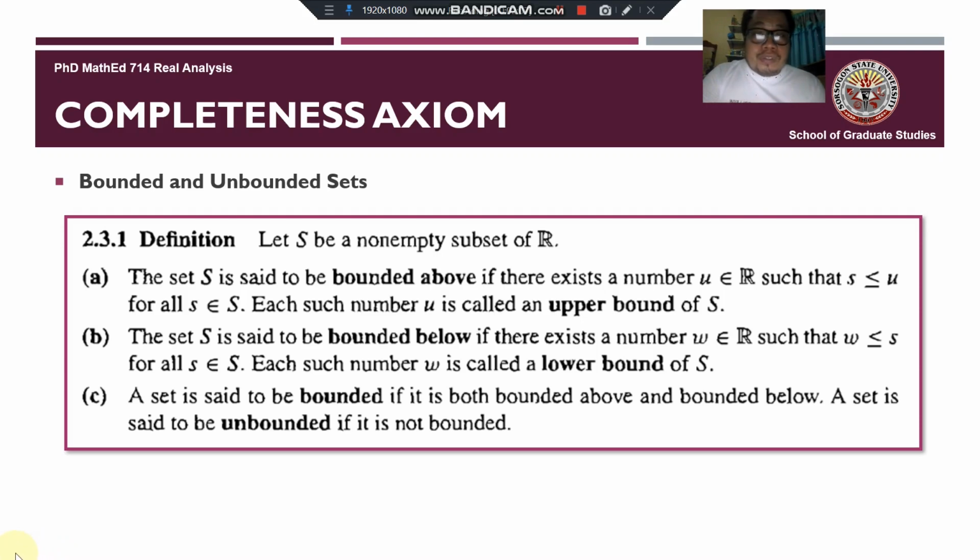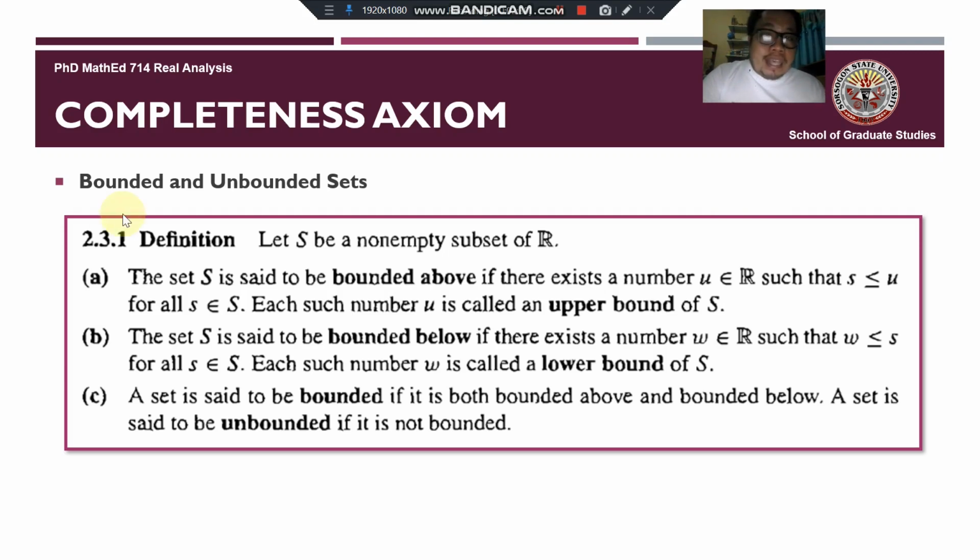So for letter C, for us to consider that the set is said to be bounded, it should satisfy both conditions. A set is said to be unbounded if it is not bounded.